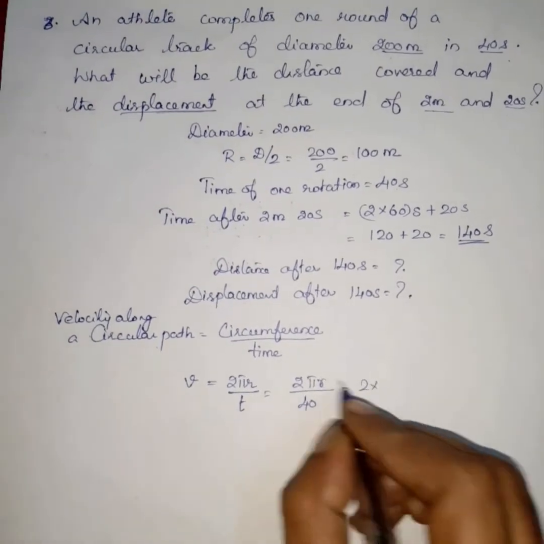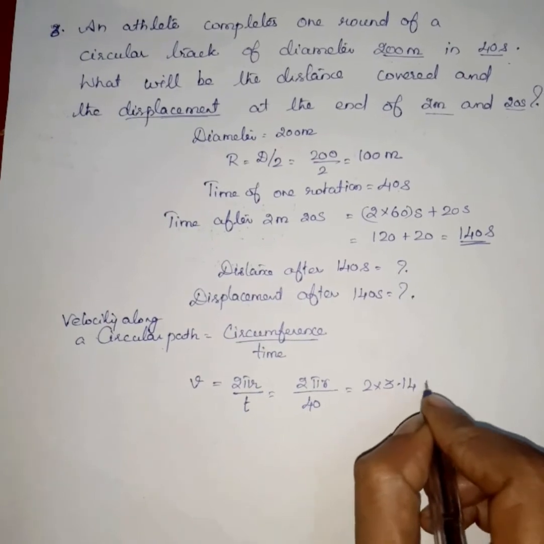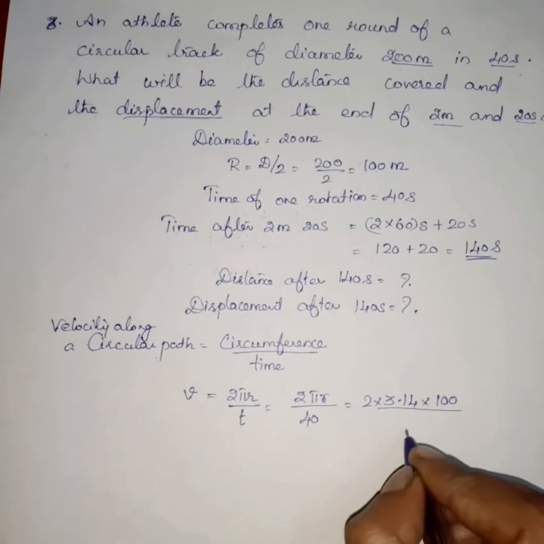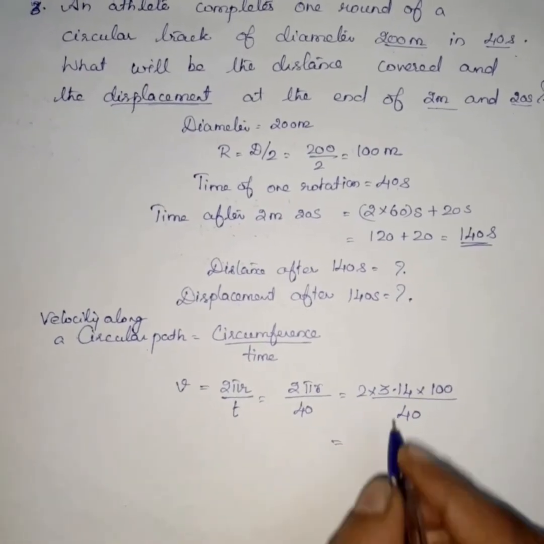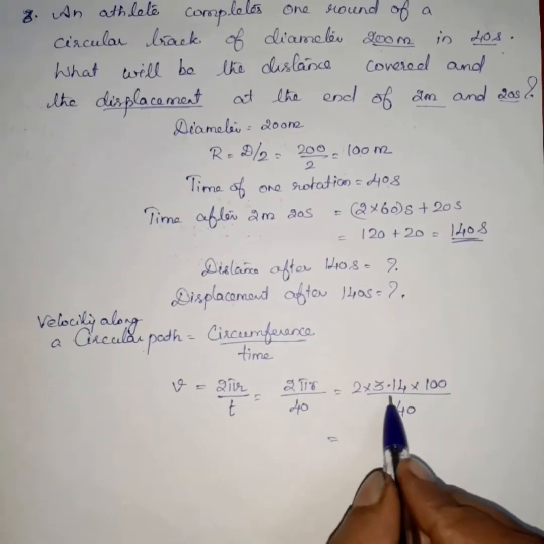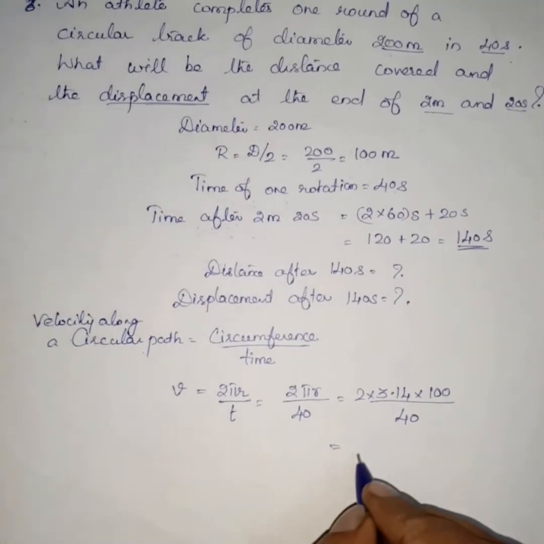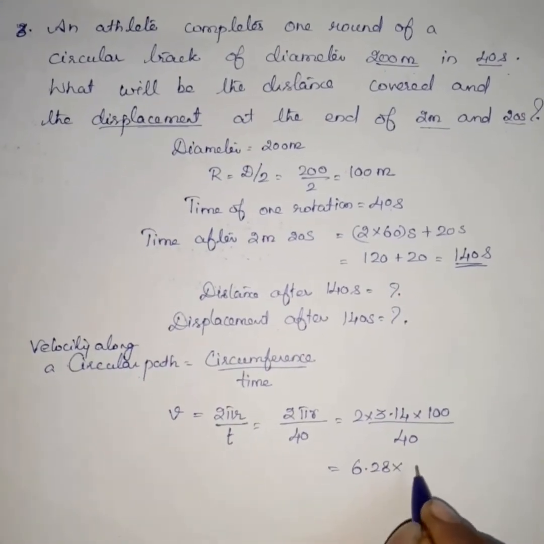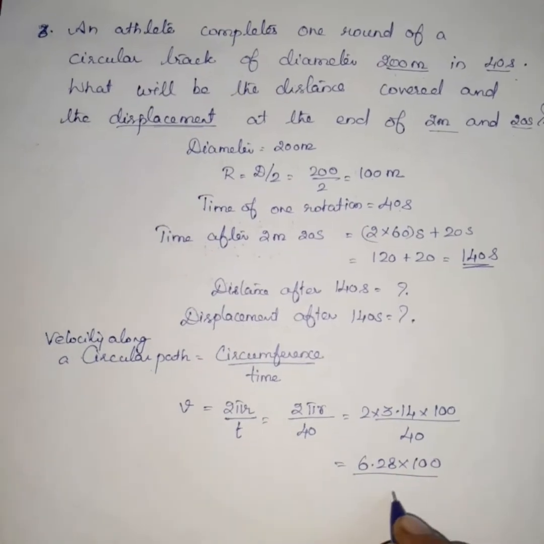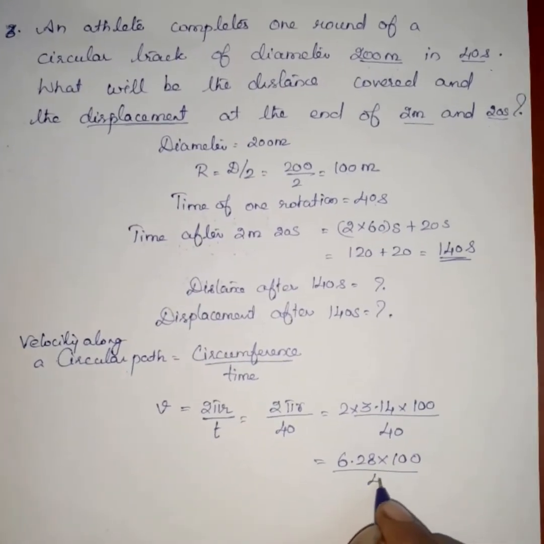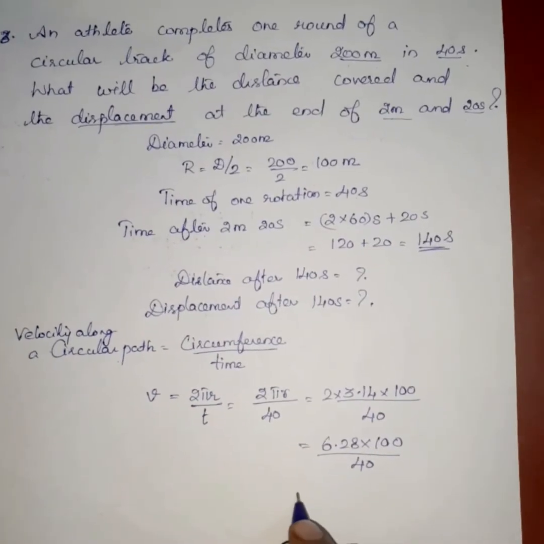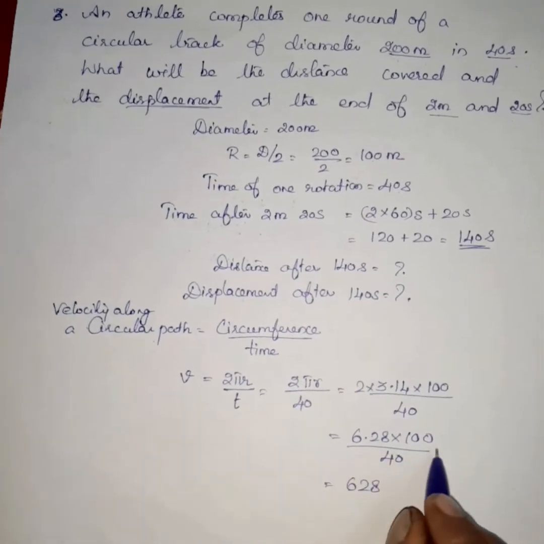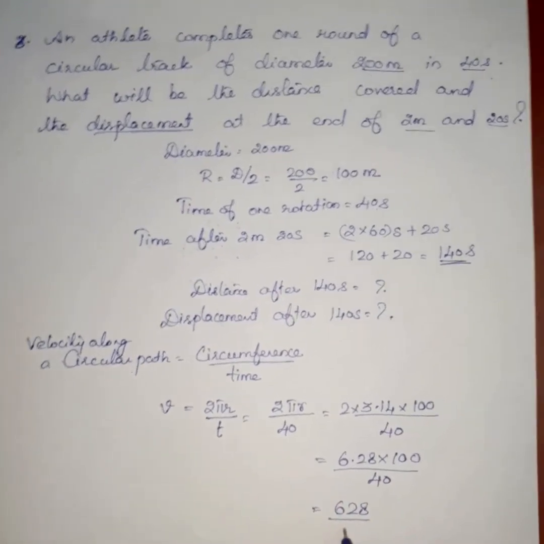So 2 into pi value 3.14 into r. R value is how much? 100. 100 divided by 40 equal to, you can multiply 3.14 multiply 2 is equal to 6.28 into 100 divided by 40, equal to 628 divided by 40.